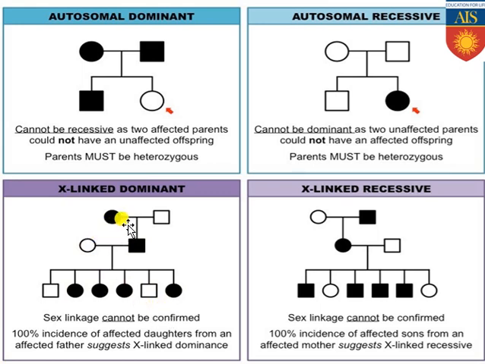That means the transmission of the trait or the disease is happening from mother to son and then father to daughter. So this is obviously a transmission related to the X chromosome and a dominant trait. That's why the affected individuals can be found in each and every generation. That's why it is X-linked dominant.